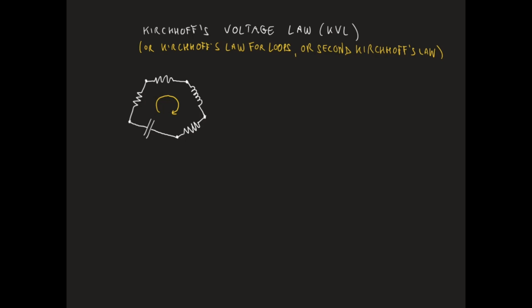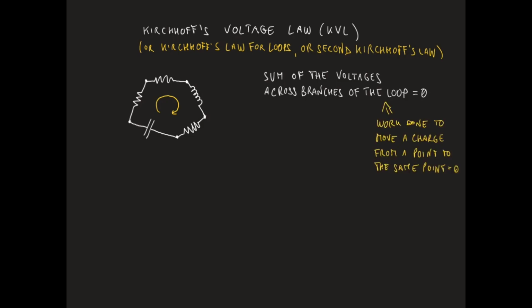The second Kirchhoff's law states that the algebraic sum of the voltages across each of the branches of the loop is 0. By the way, a branch in a loop is the part of the loop between two adjacent nodes. The loop in the figure has 5 branches.